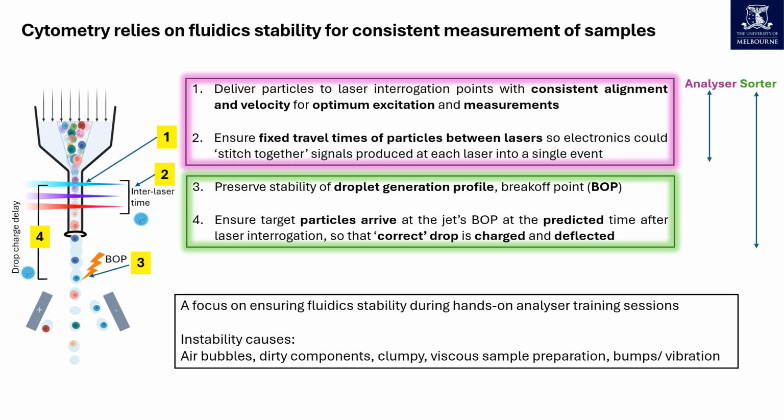Fluidic stability and laminar flow ensure that particles are optimally excited by each laser and that particles pass by each laser at a constant rate so that the electronics can combine signals produced at each laser into a single event. When sorting, fluidic stability ensures that drops break off the stream consistently and that particles arrive at the break-off point at the predicted time so that the drop carrying the correct particle is charged and deflected into a collection vessel.